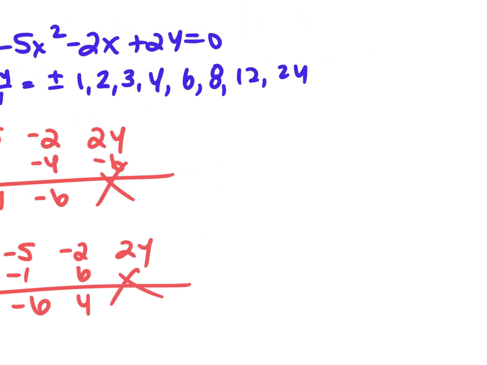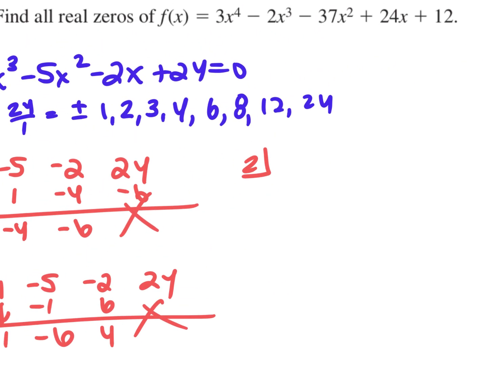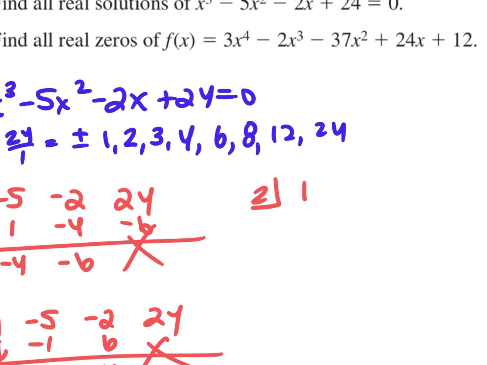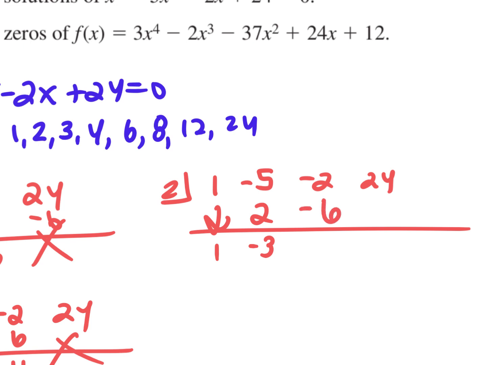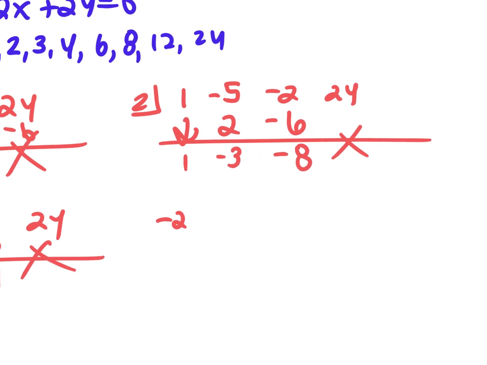Okay, go to 2. 1, -5, -2, and 24. 1 times 2 is 2. -5 and 2 is -3. -3 and 2 is -6. What's -6 and -2? -8. -8 times 2, is this going to give me a remainder of 0? No, okay. That's okay. Keep going.